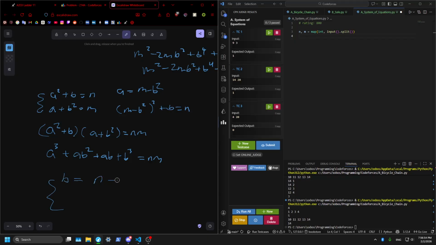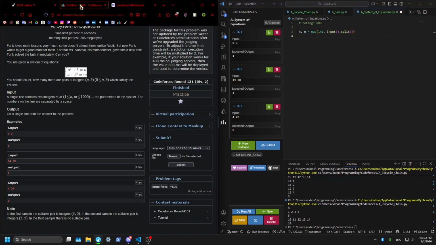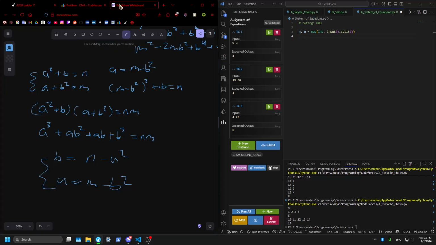b equals n minus a squared. a equals m minus b squared. So we're gonna have to track variable pairs no matter what, right?